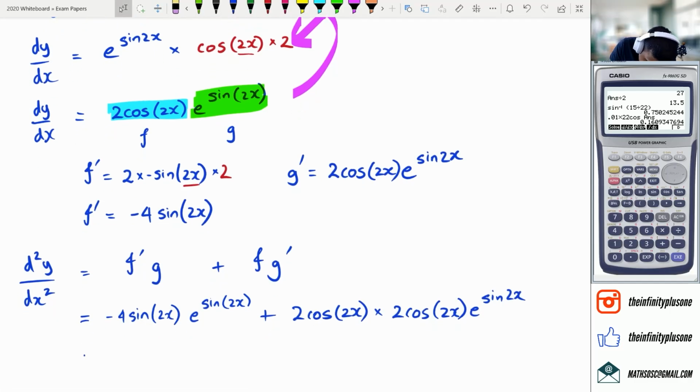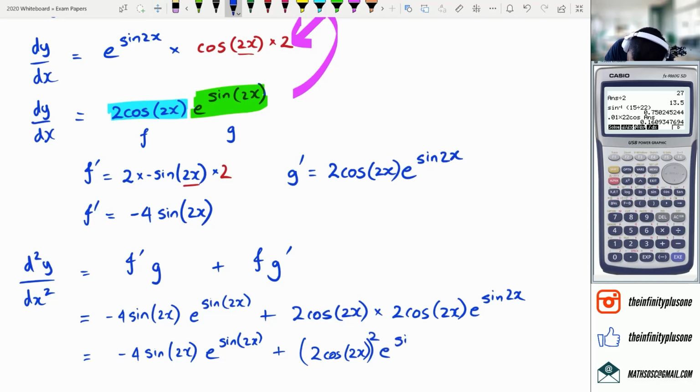Now I can simplify this a little bit, and I can put down negative 4 sine 2x e to the power of sine 2x plus 2 cos 2x squared e to the power of sine 2x.